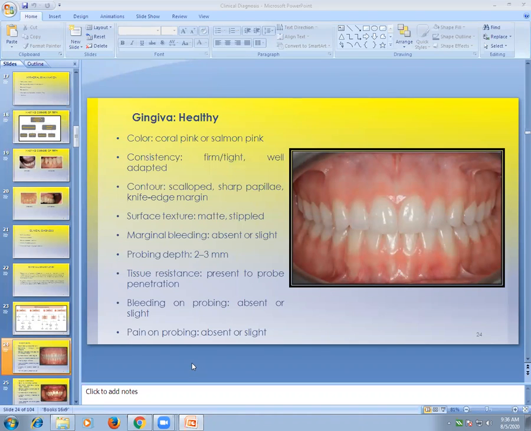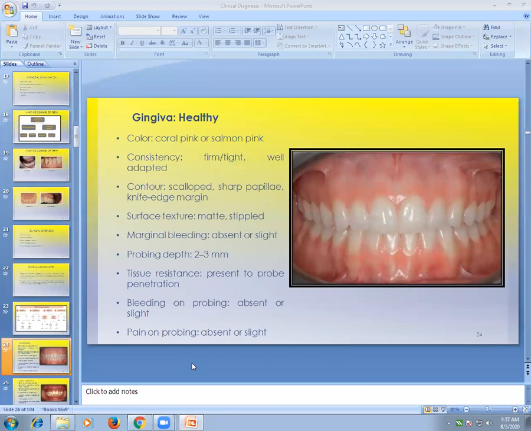You have to enter particularly which kind of color change you have observed, and write about that color change in that particular box, whether it is maxillary anterior, maxillary posterior, mandibular anterior, or mandibular posterior. So all those things you have to write in the color part of the gingiva. So color changes you have to write.